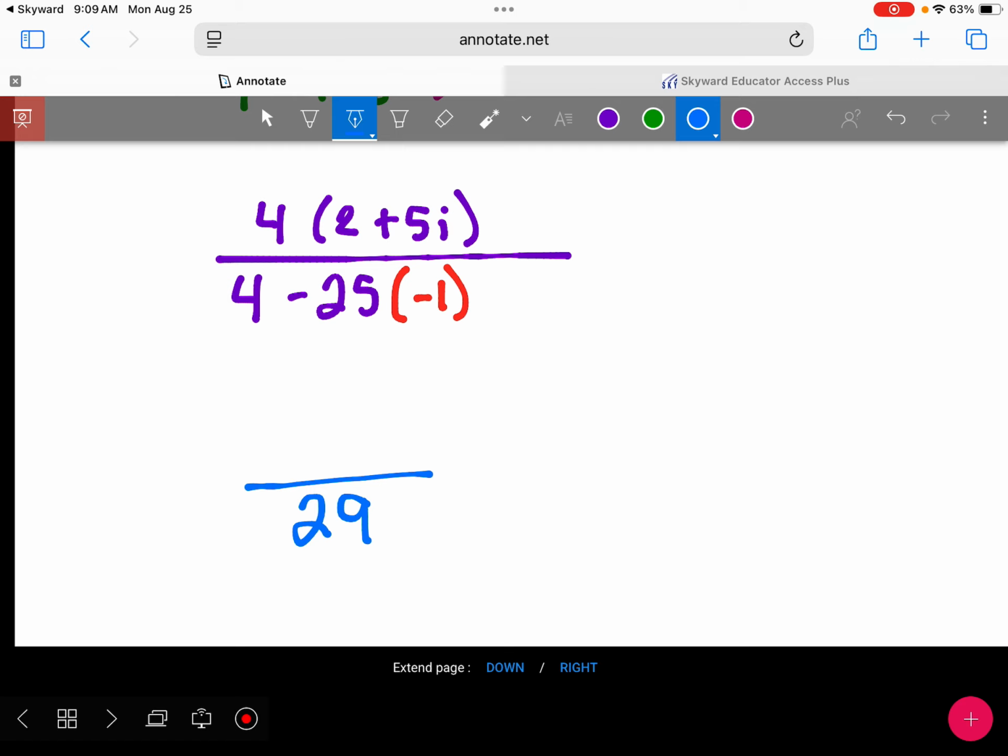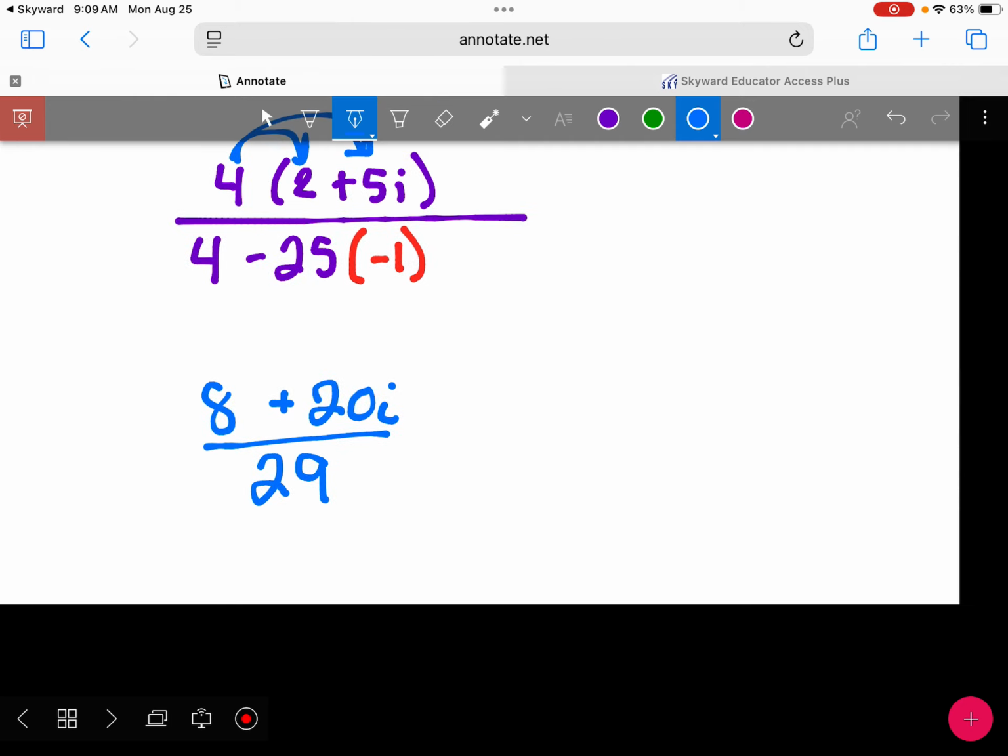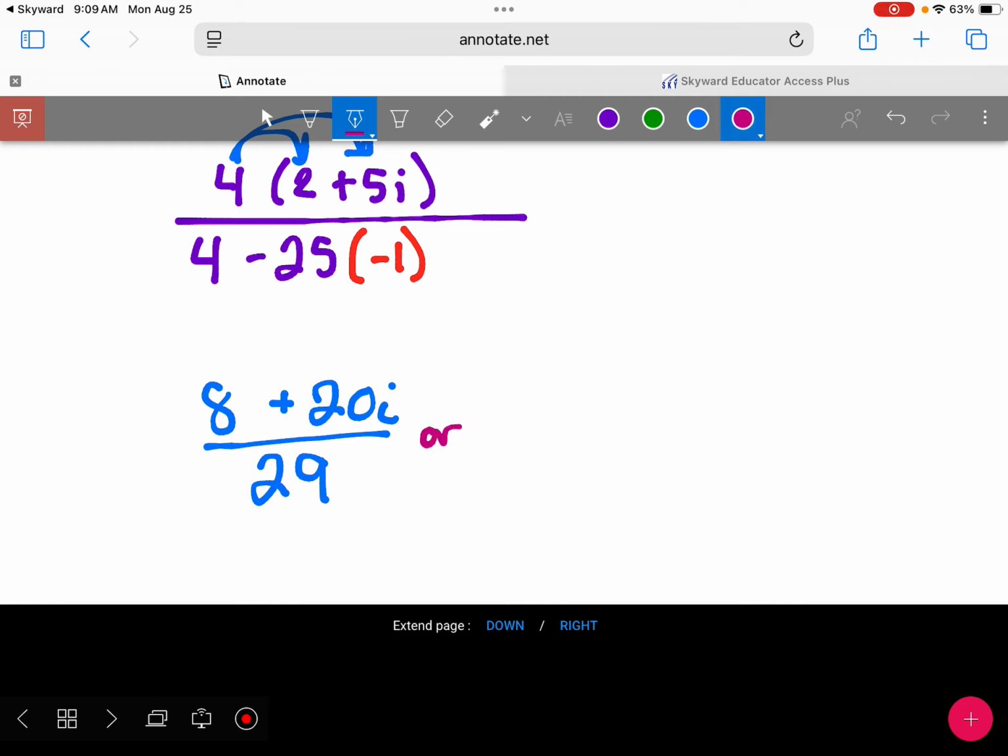And then our numerator is our 4 times 2, giving us 8, and our 4 times 5i, plus 20i. And you can write it like this, totally valid. Or we can split this apart into 2 separate pieces, because that might let us simplify sometimes, where we have 8 over 29 plus 20i over 29.